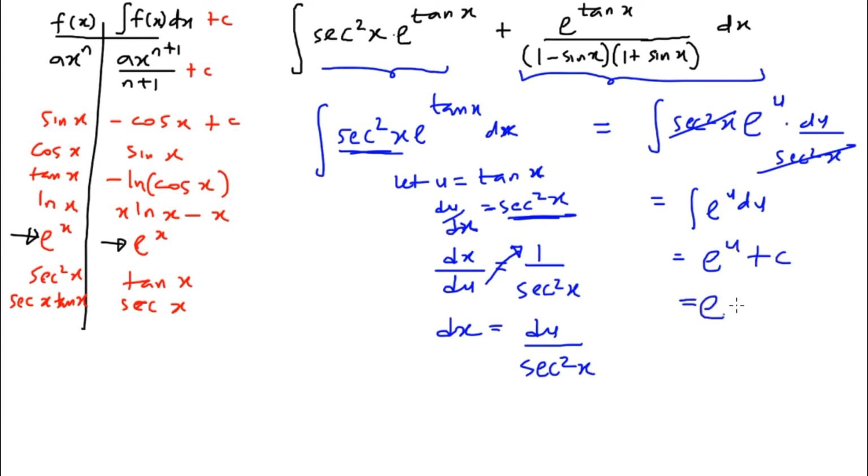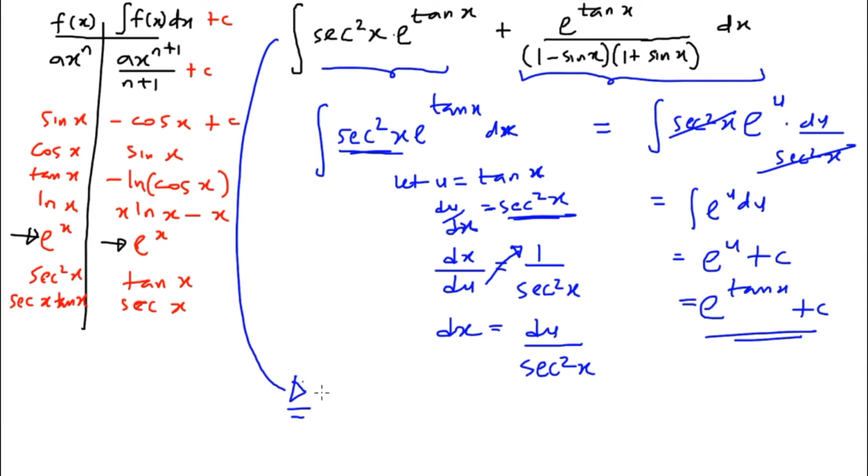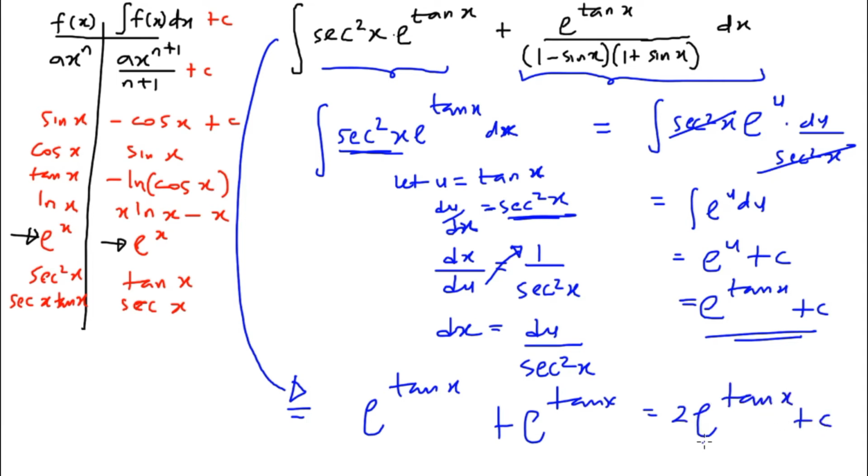So what is u? u is tan x, so exponential tan x plus c, and that's the answer. We got the same answer for this particular one. So finally the answer to this particular integral is exponential tan x plus exponential tan x, which is the same thing as 2 exponential tan x plus c. Okay, and that's it.